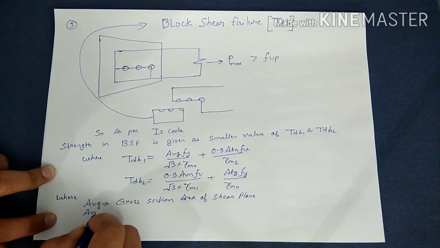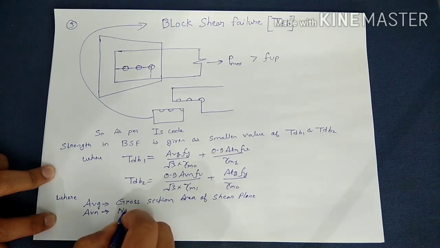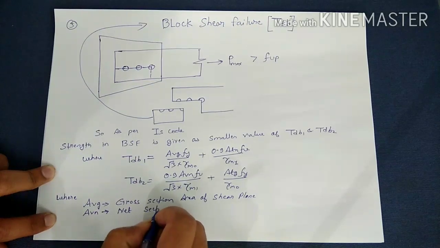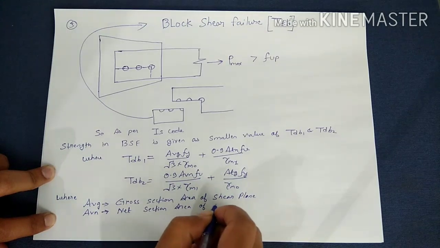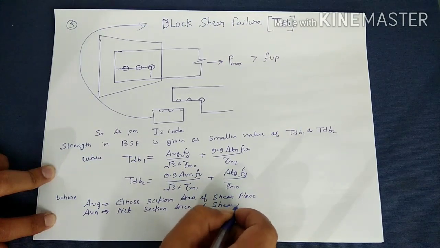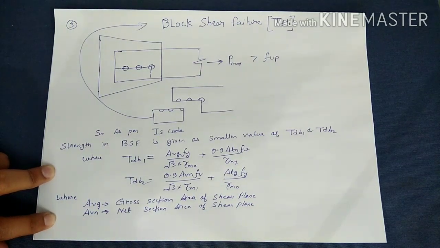Similarly, AVN is your net section area of shear plane. Whenever we say net section area, it means the member has bolt holes, and whenever we speak about gross section area, then we consider that the tension member is not altered, or we can say there is no bolt hole.